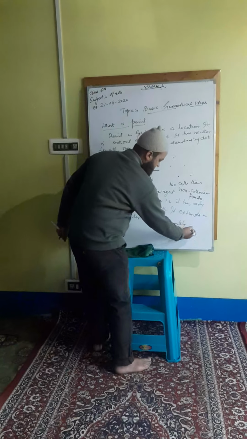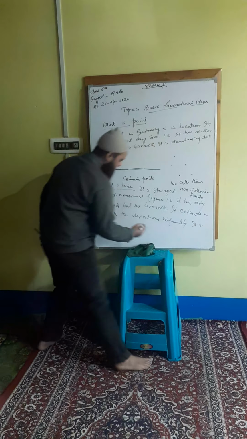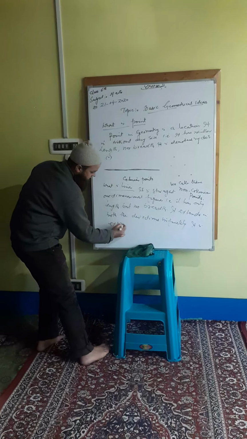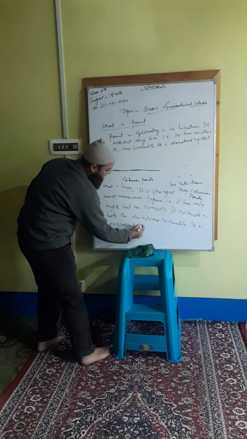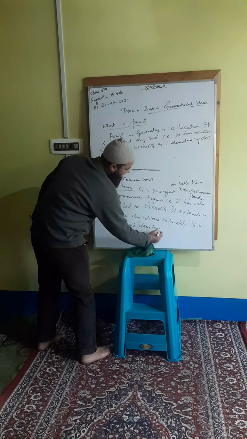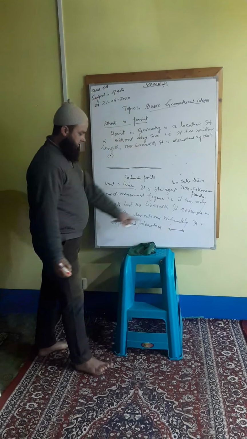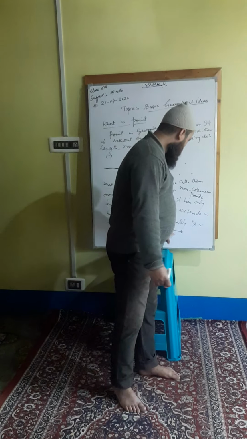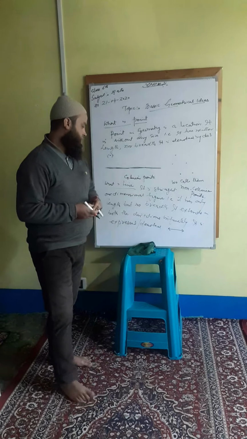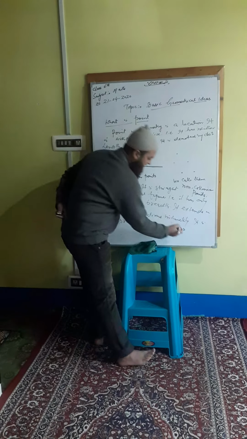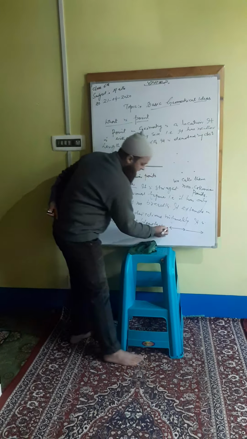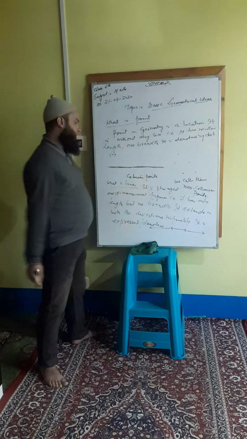It is expressed or denoted as a line with arrows on both sides. That means it may extend in this direction as well as in this direction.